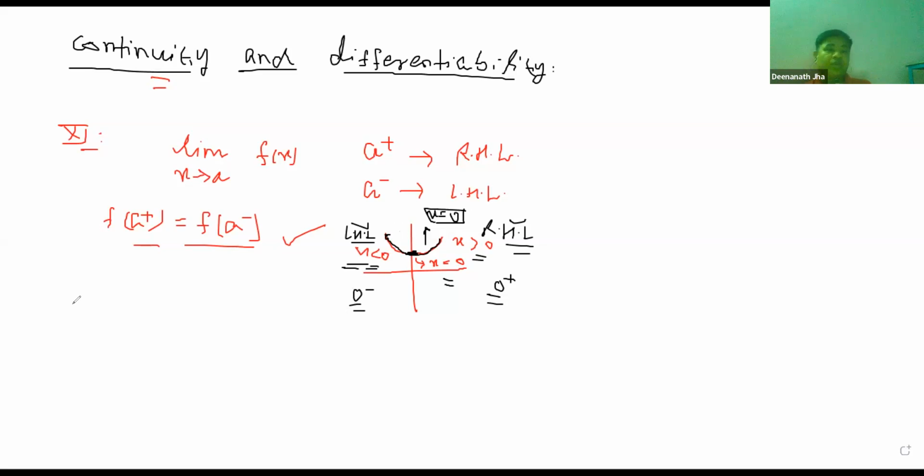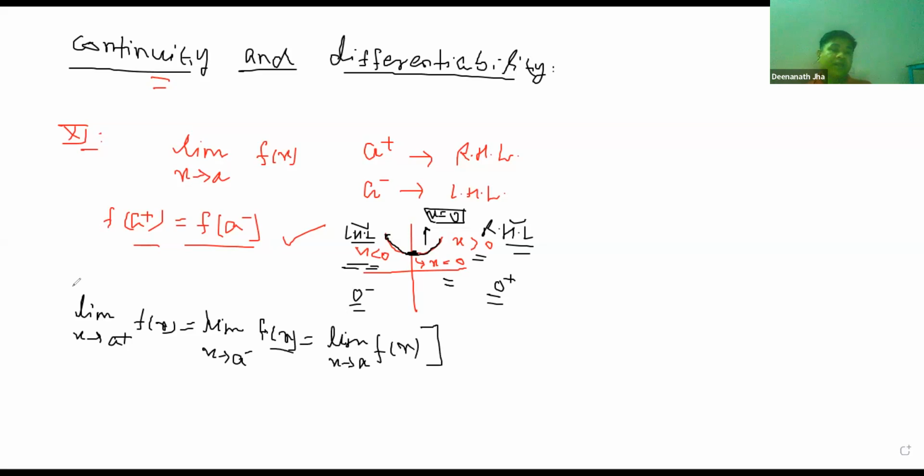So for continuity, limit x tends to a plus f(x) equals limit x tends to a minus f(x) equals limit x tends to a f(x). If all three parts are equal, then f(x) is known as a continuous function.